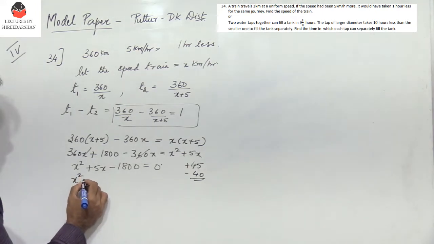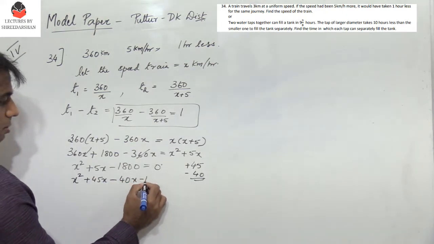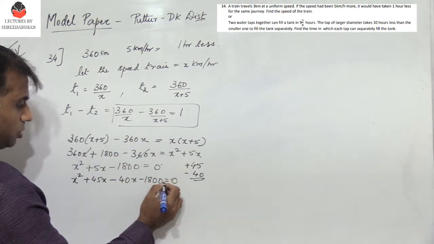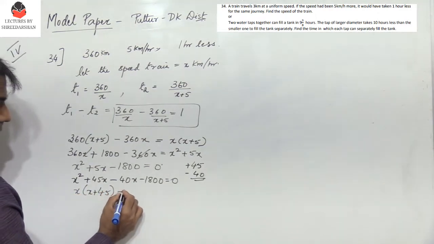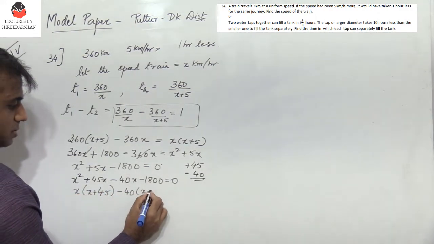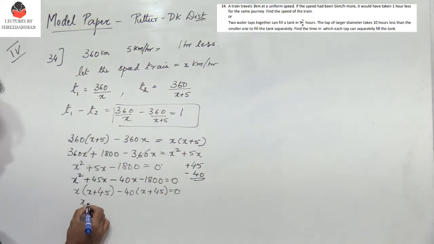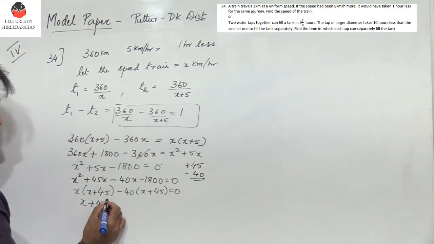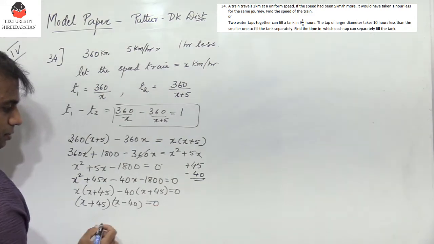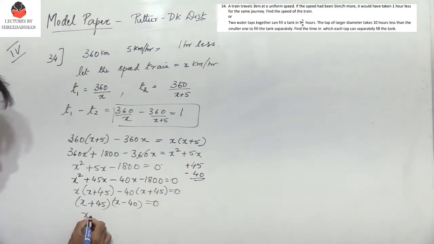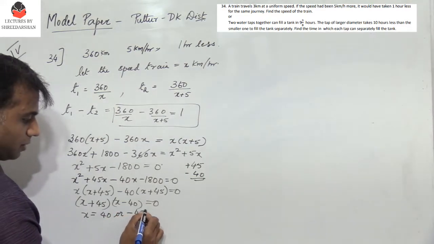So I have x square plus 45x minus 40x minus 1800 equal to 0. x into x plus 45 minus 40 into x plus 45 equal to 0. So you have x plus 45 into x minus 40 equal to 0. What is the value of x? x is either 40 or minus 45.